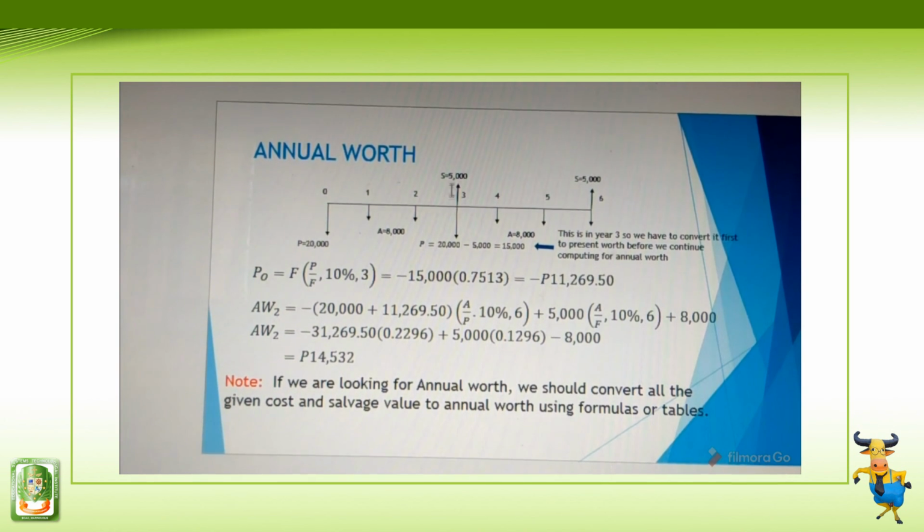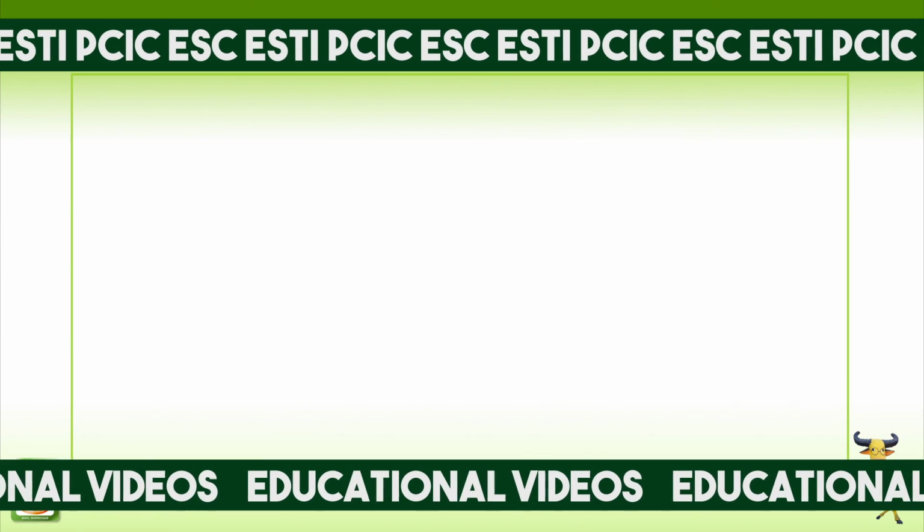So if you have a salvage value of 5,000, and since this is the second life, you have 20,000 again here. So 20,000 minus 5,000 is 15,000. We will convert this first to present worth, bringing it back to year 0.